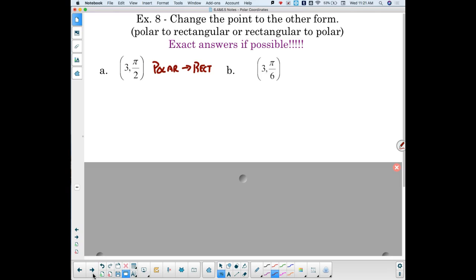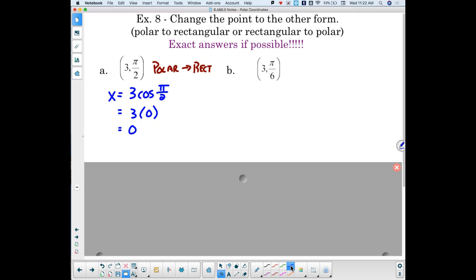So x, is that x or is that y? X. So x is what you say? What is the cosine at pi over 2? 0? Do we agree? Okay. So this is 3 times 0, which is 0.